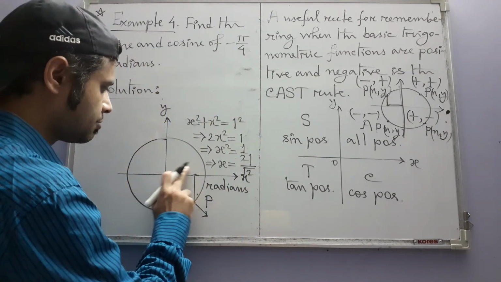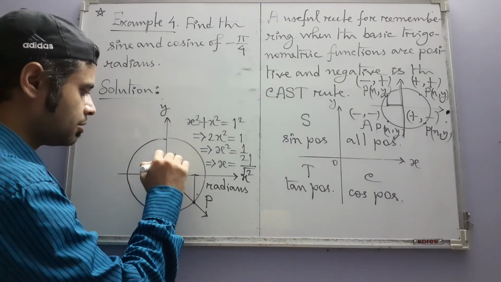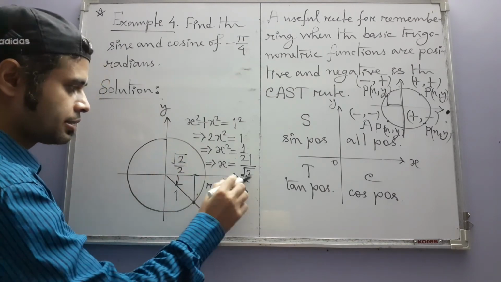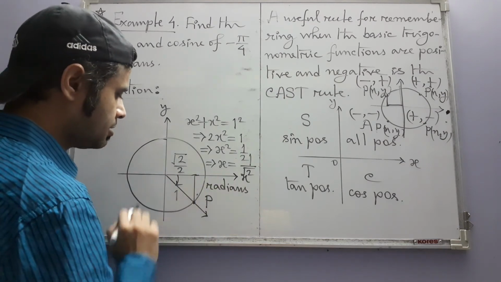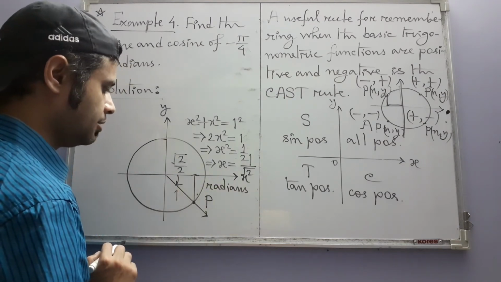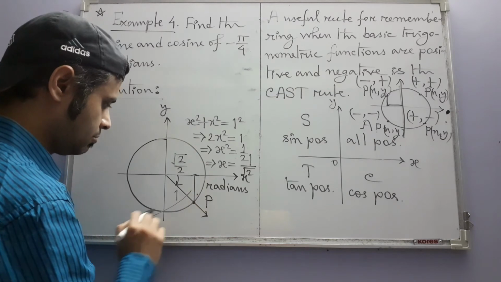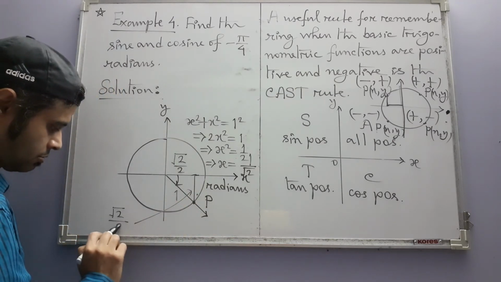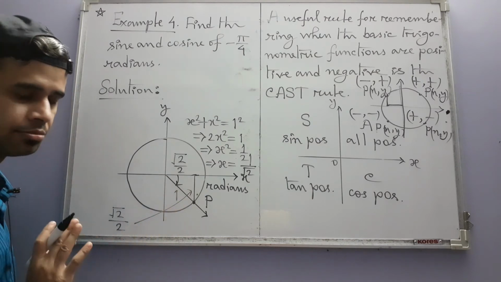So this length is 1 over root 2, which can of course be written as root 2 divided by 2. This is the same thing as this. So this length is also root 2 divided by 2.